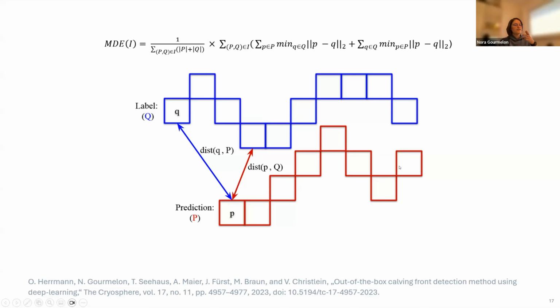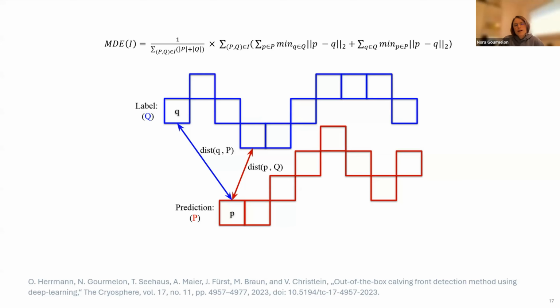And then we do it also vice versa to make it symmetrical and search for every pixel in the ground truth the closest one in the prediction, and take the Euclidean distance. With all these distances, we compute the average. And we actually don't give the metric in pixels, but in the end, we compute it in meters, so it's easier to interpret for the later geographical calculations.